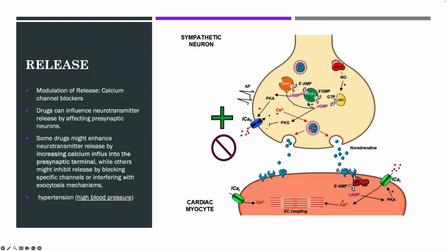So even the ion channels are targetable, and this is one of the things they do with people with high blood pressure or hypertension, right? So this particular channel is going to directly impact exocytosis of this neurotransmitter, right?